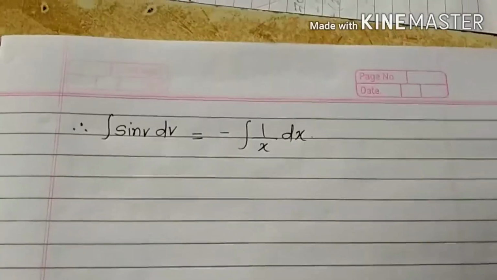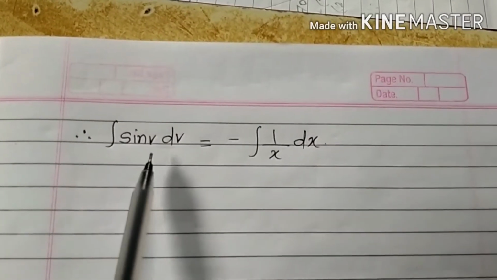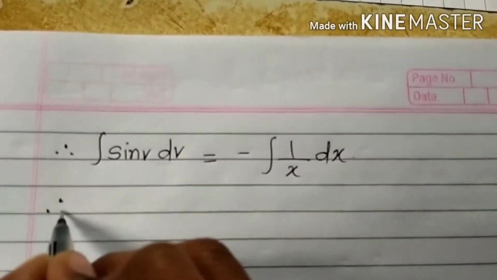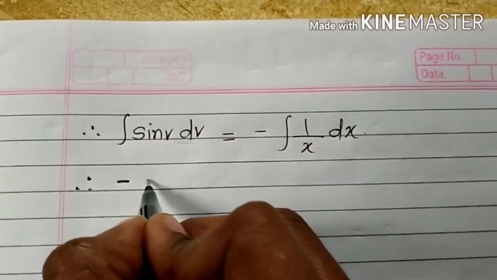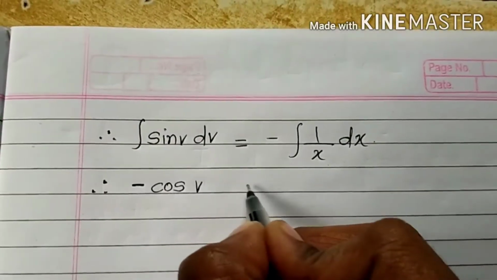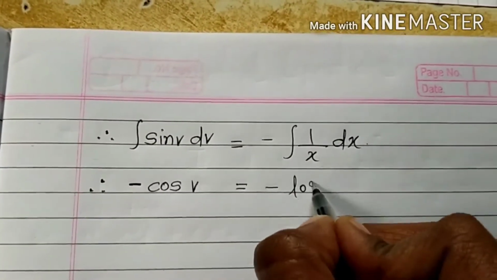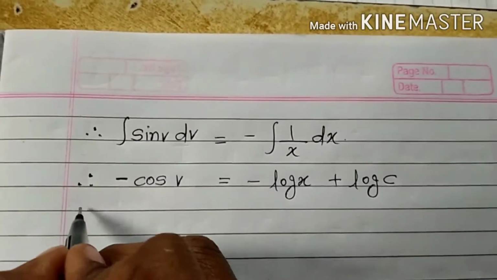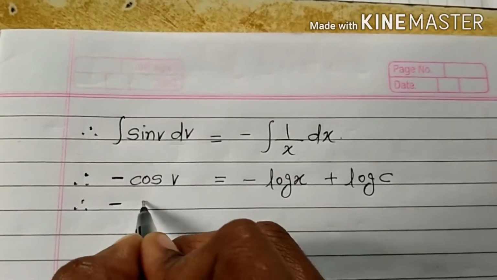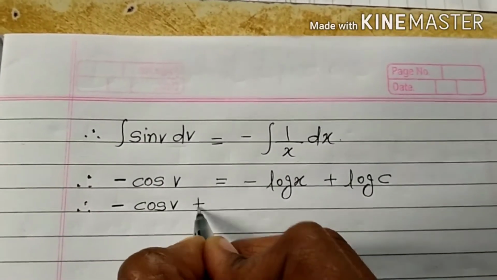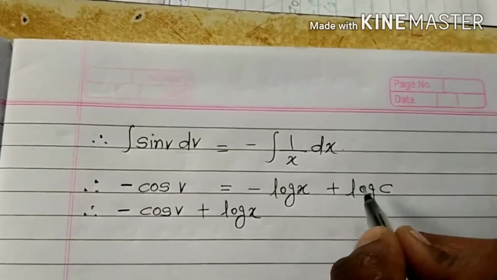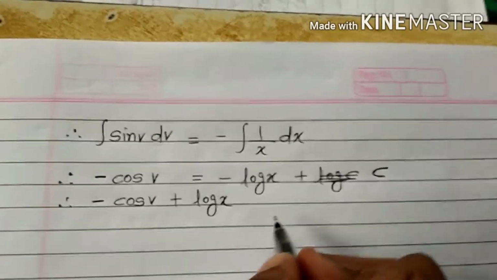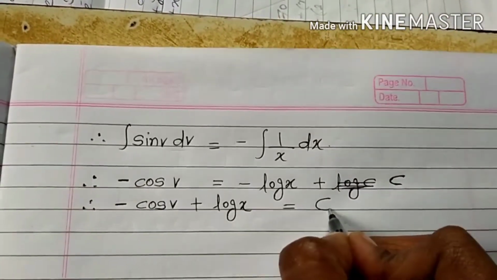So the next step is the integration of sin v, taking the minus outside of the integration. Now take integration. So the integration of sin v is minus cos v, which is equal to minus log x plus log c. So therefore minus cos v plus log x, or you can take here simple c, there is no need to take log c, and here remaining c only.